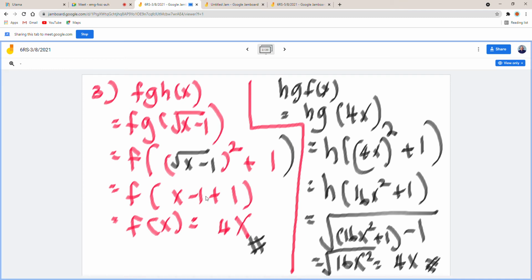So x plus 0, x. And then fx is 4x. So substitute the x in the 4x, so you still get 4x only. Okay, understand. And hgf x is hg for x. I think you all know this one.